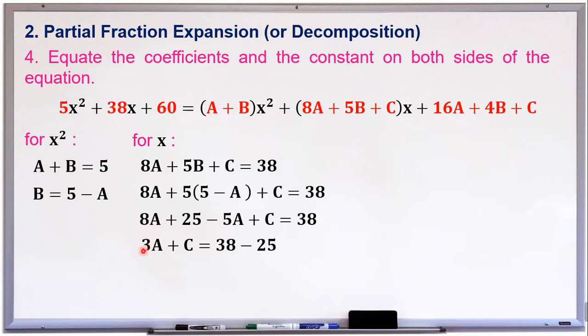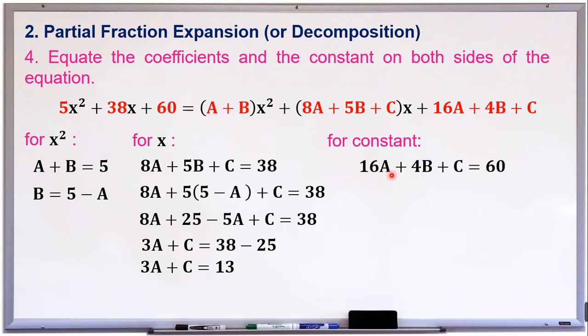Next, let's proceed to the constant. So we have 16A plus 4B plus C equals 60. Since we already have an expression for B in terms of A, we can substitute this to our equation for the constant. So we have 16A plus 4 times 5 minus A. Then combine like terms.